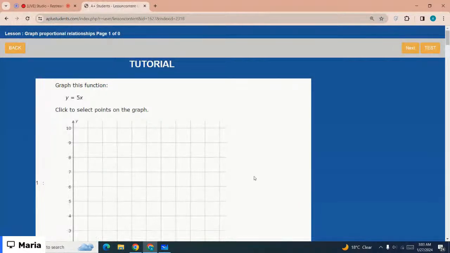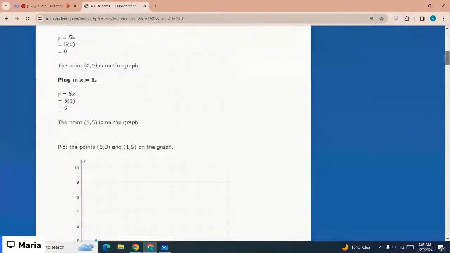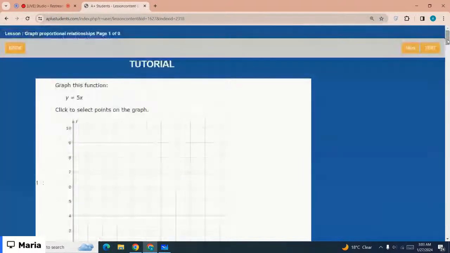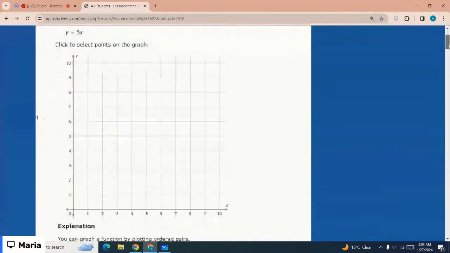You have to graph the function, right? Basically, the proportional relationships are the linear relationships, right? And I think we haven't worked on linear relationships right now. Okay, so how do we graph these relations?